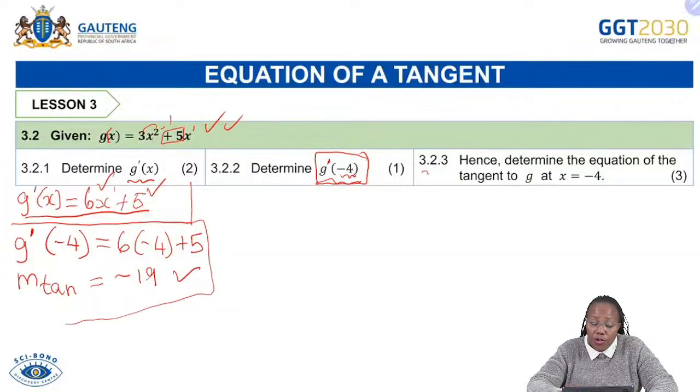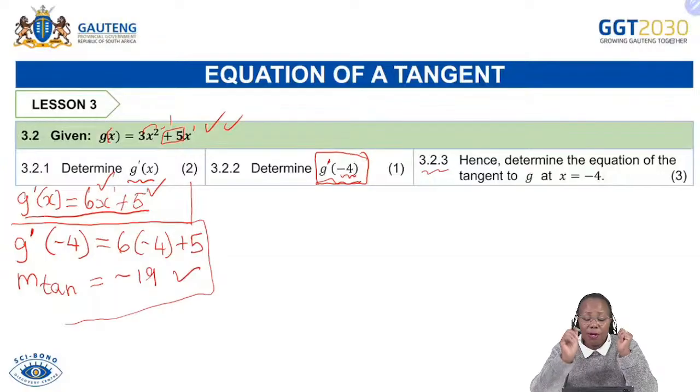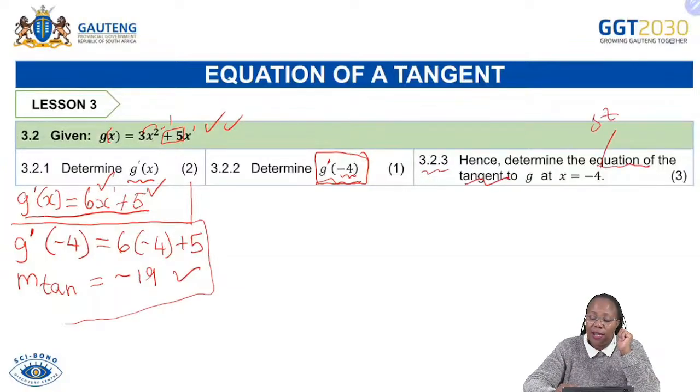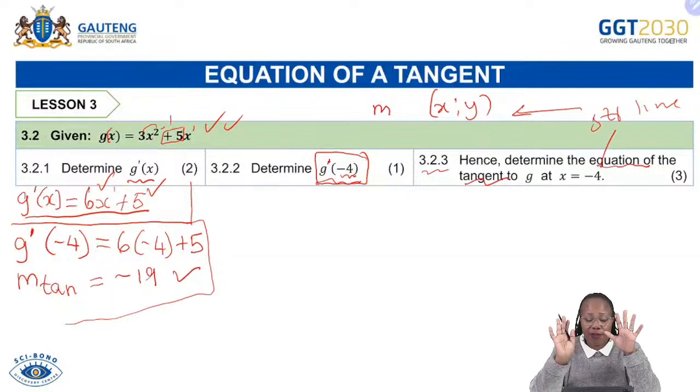And then 3.2.3, hence determine the equation of the tangent to g at x equal to minus 4. Now, remember you need an equation of a tangent, and a tangent is a straight line. Now, to find the equation of a straight line, you need a gradient and a point with x and y. Let's check, do we have everything we need? Do we have a gradient?